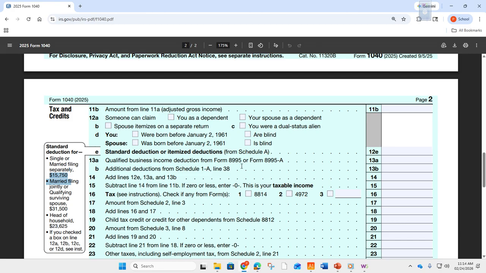But if you do, like in our assignment yesterday, Jameson had $18,000 in deductions. So he would want to use itemized. But you'll see here, you have to have other forms if you itemize, right? And that's okay if it saves you money. So this is where you would enter that there.